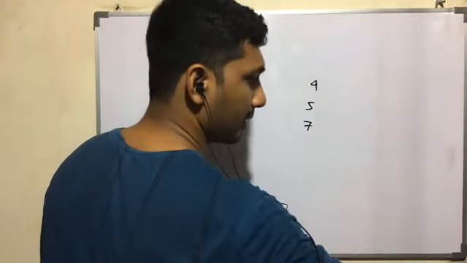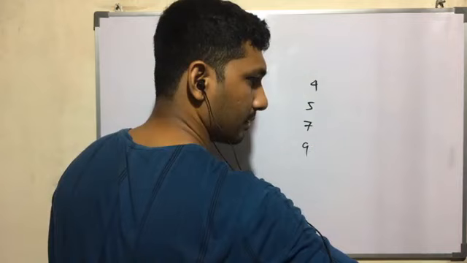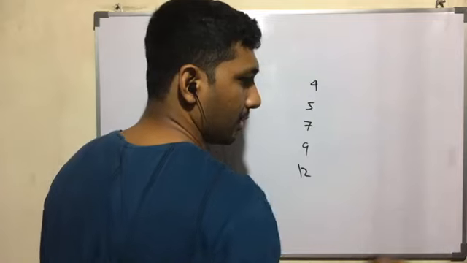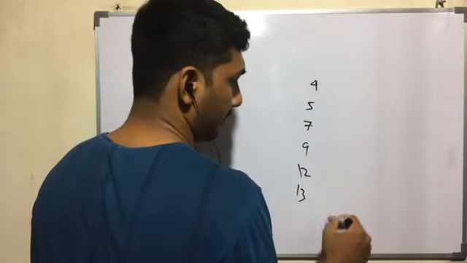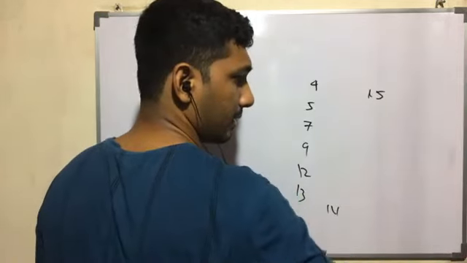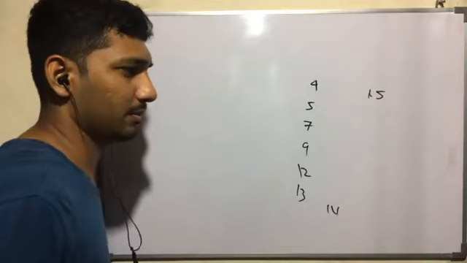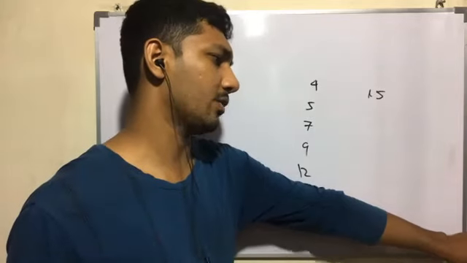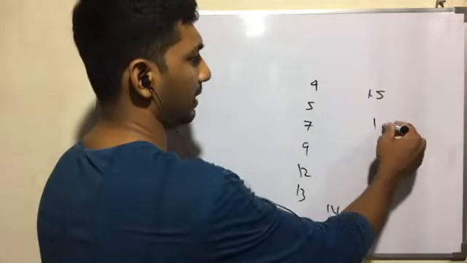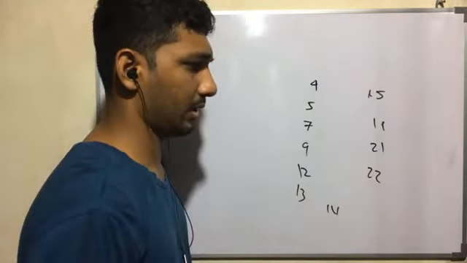Seventh one, try. 9. 12 is relative motion, I will teach you. 13, 14, those graph questions, everything you have to do. 15. 16, 17. Everything you have to do. 18 is okay. 19 is something that you have to do. 21, 22. Do them. That's it.